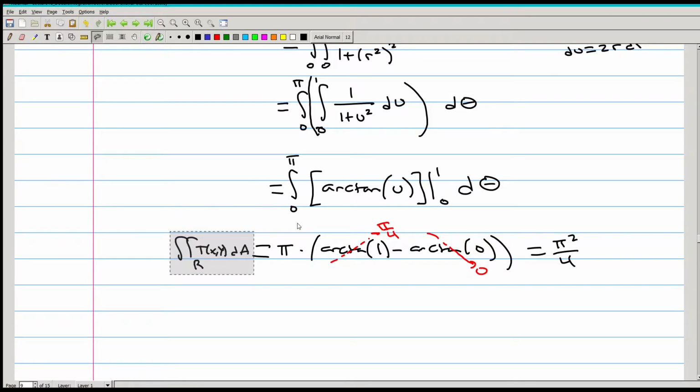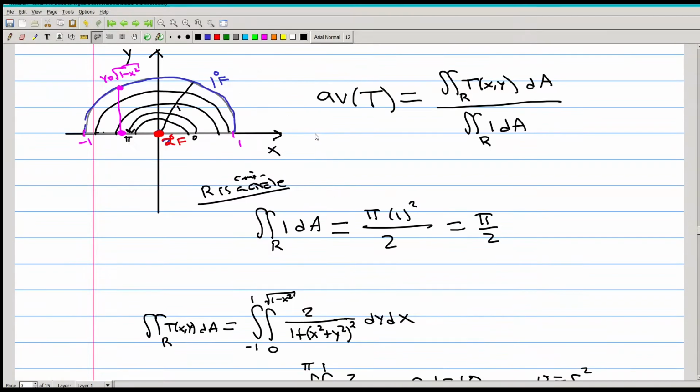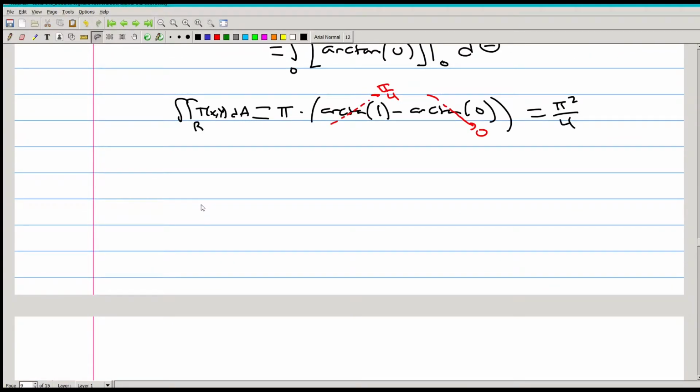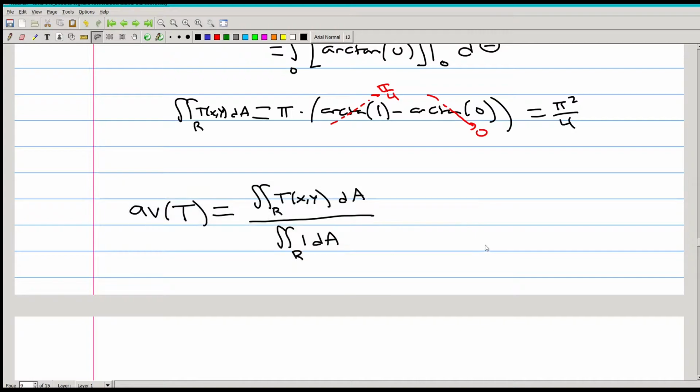But pairing this now together with our area, we have that the average value of temperature, from our average value formula from before, is now equal to pi squared over 4 divided by the area, which is pi over 2, which simplifies down to the value pi over 2 for our answer.